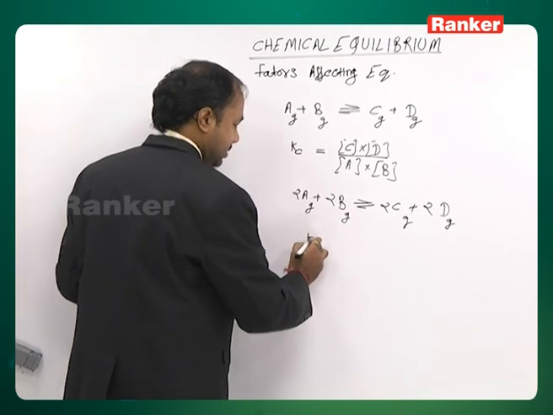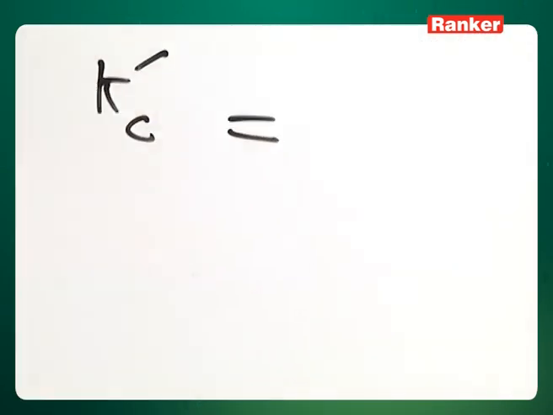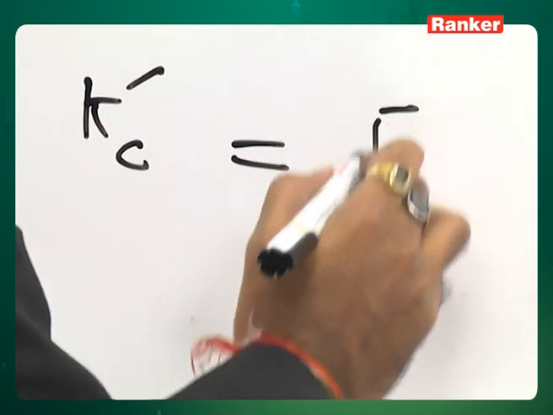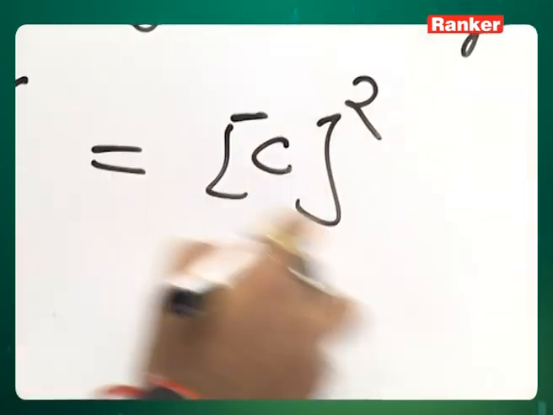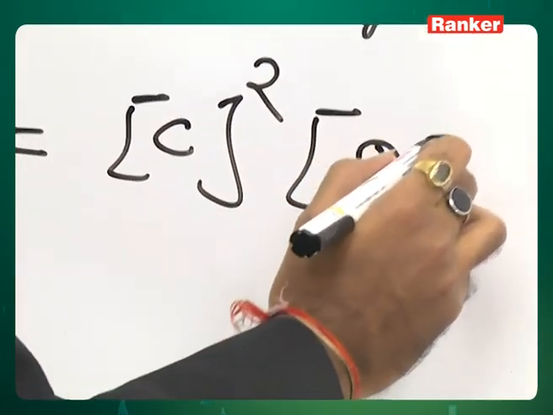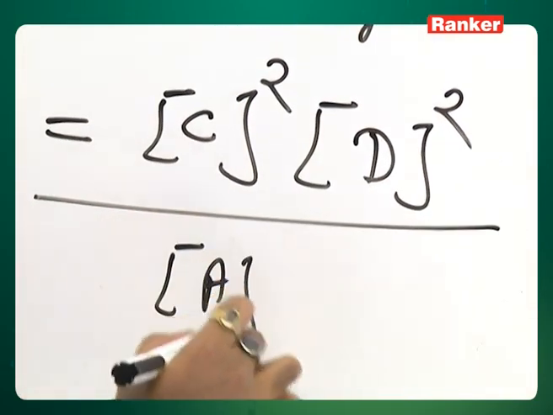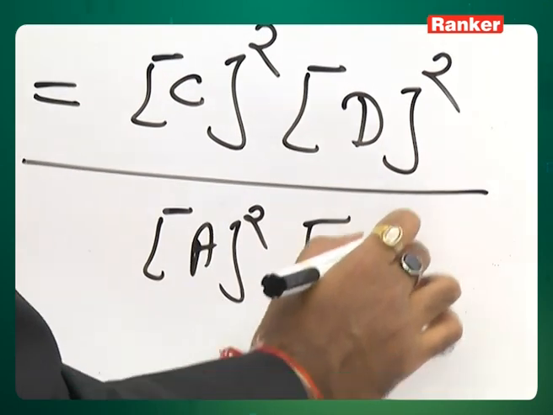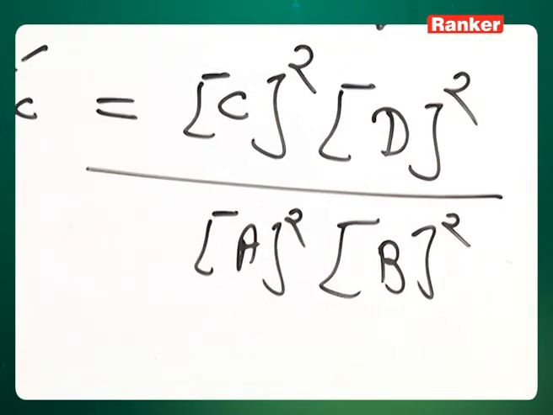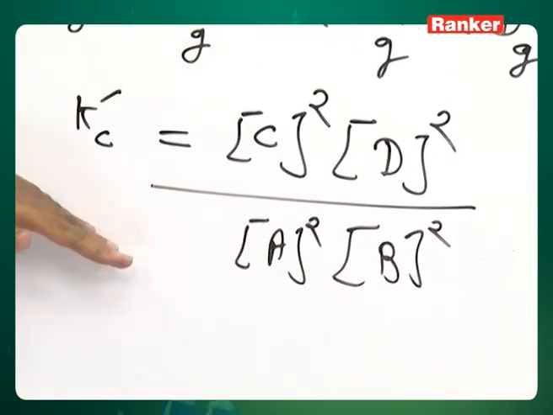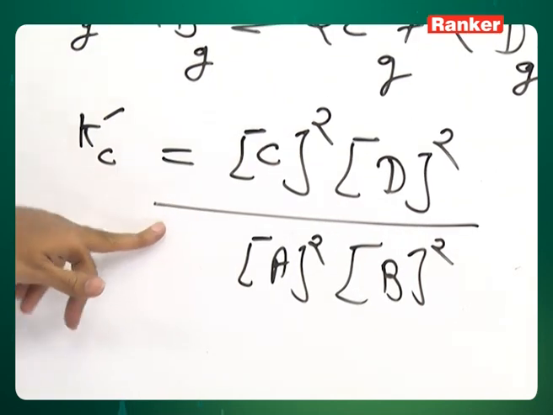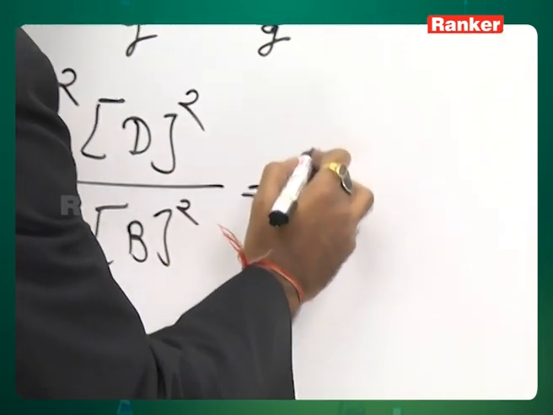Kc dash here becomes equal to concentration of C square into concentration of D square upon concentration of A square into concentration of B square. Simply compare these two. Kc dash is nothing but Kc square.